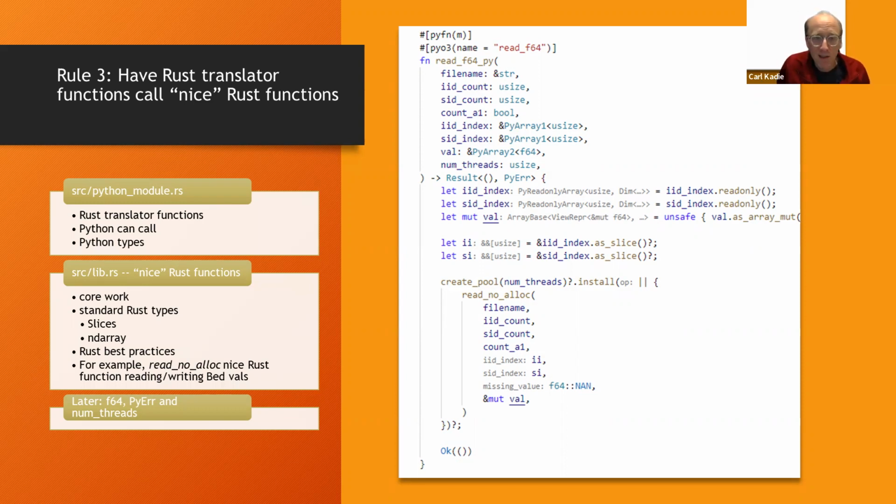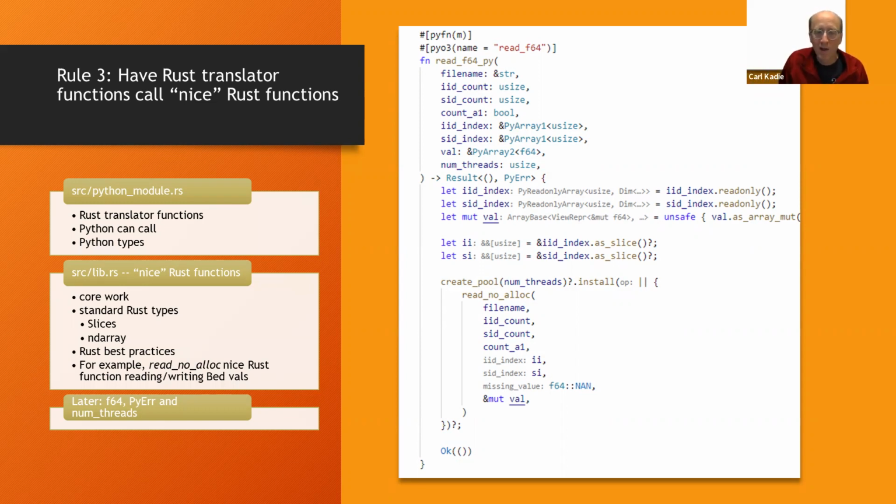Notice the arguments to this function. It's a string. It's a couple integers that have to do with the size of the data file. It's a bool. Those are all fine. The next input is a 1D array of indexes. It's the indexes of the individuals for whom data we want to read. So that's a Python 1D array.